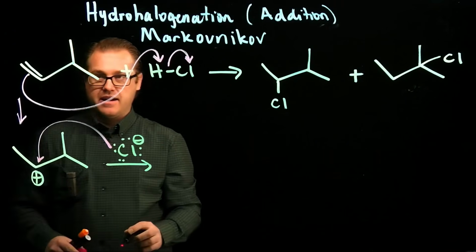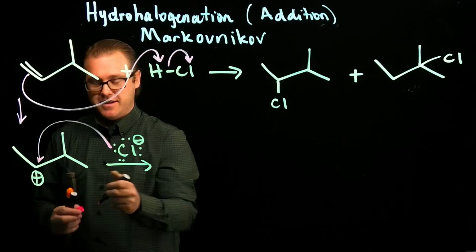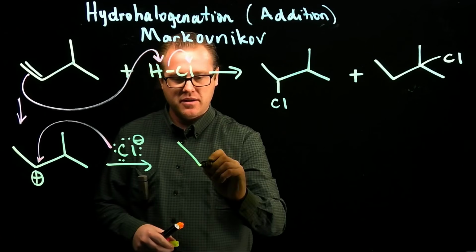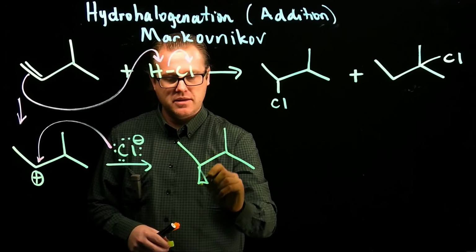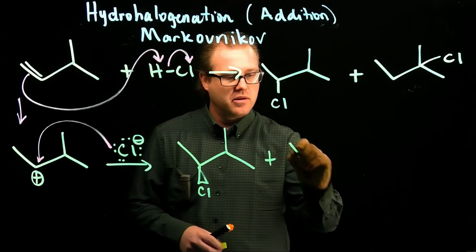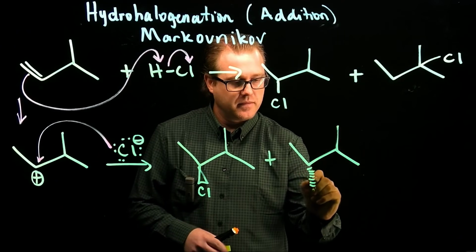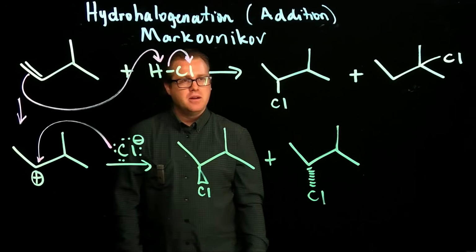Now it can attack from both sides, right? That's sp2 hybridized. So in reality, what would we get? We would have a product or products that looks like this, right? To be totally true and accurate here.